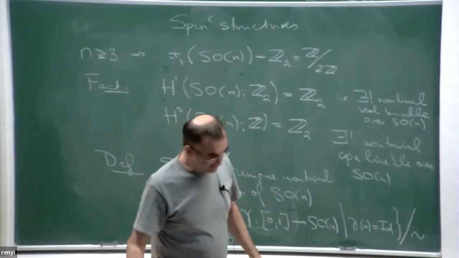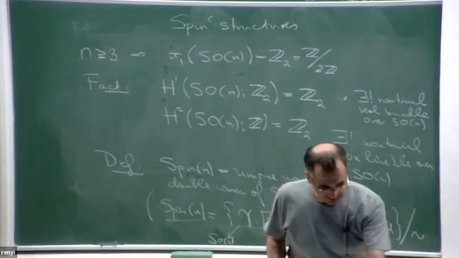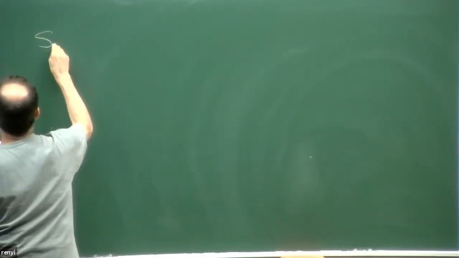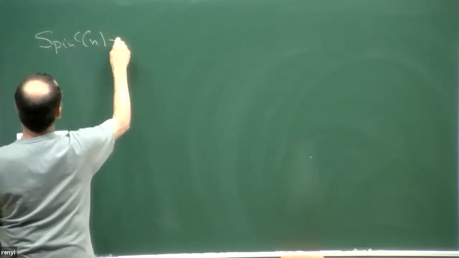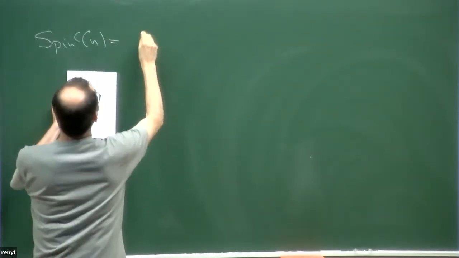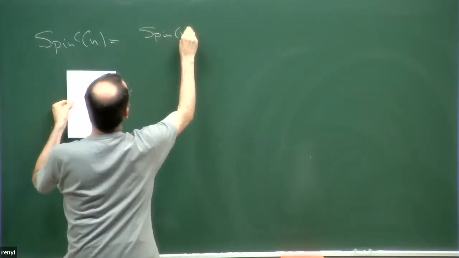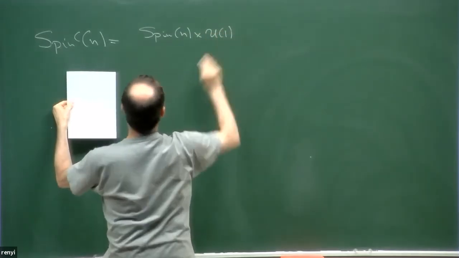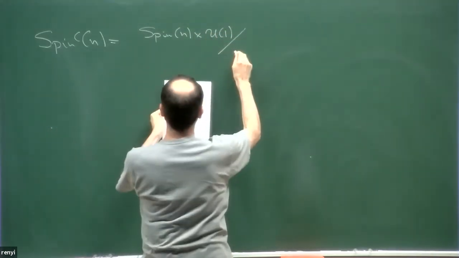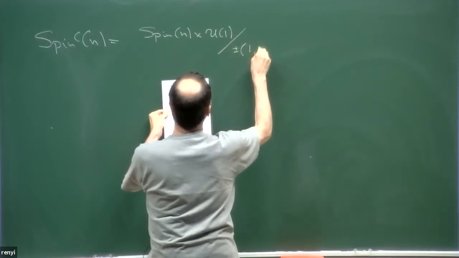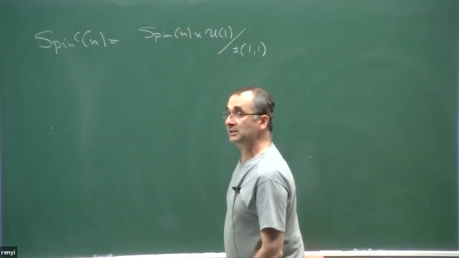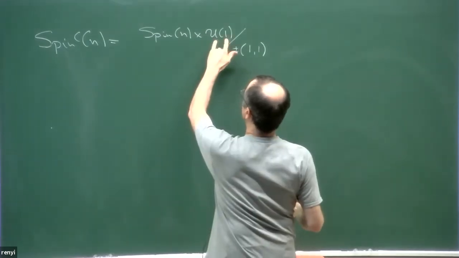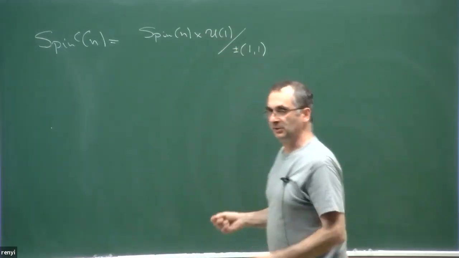And what is the Spin^C? Well, now comes the magic, hopefully, if it works. And it almost does. Not exactly. So Spin^C(N) is just Spin(N) cross U(1), the circle group, divided by plus or minus 1. I don't have to explain what I mean by plus or minus 1 in U(1), because it's just a circle.